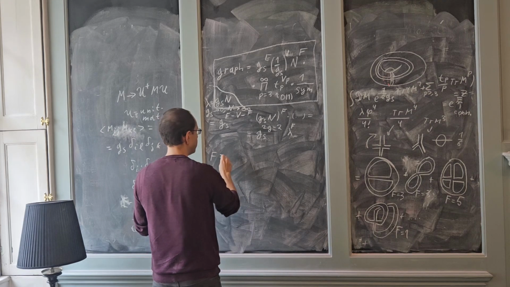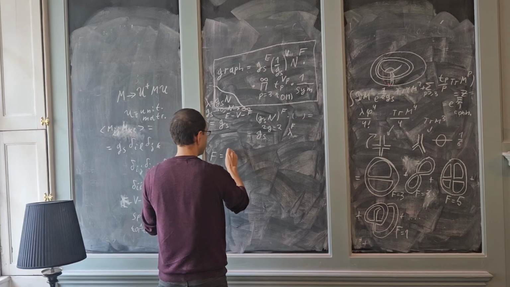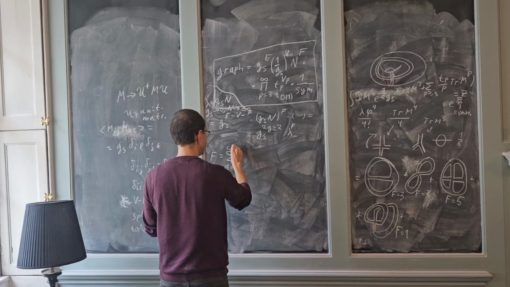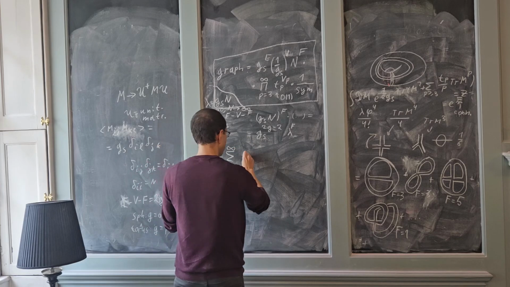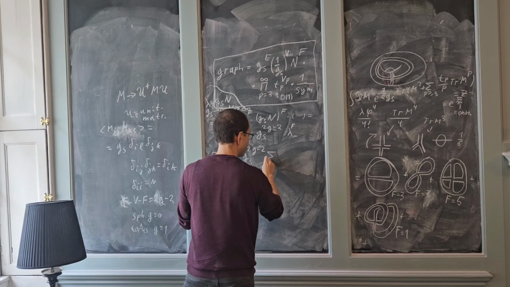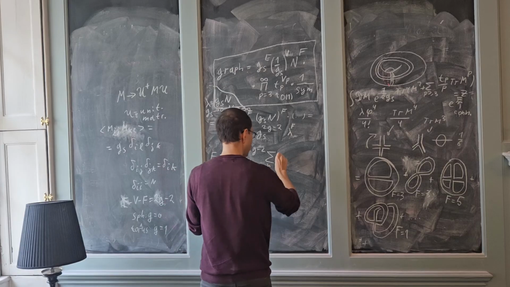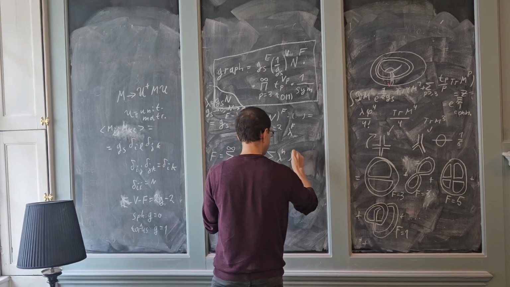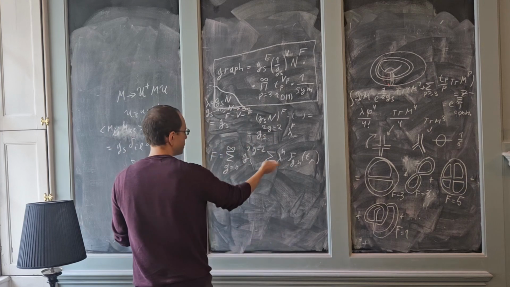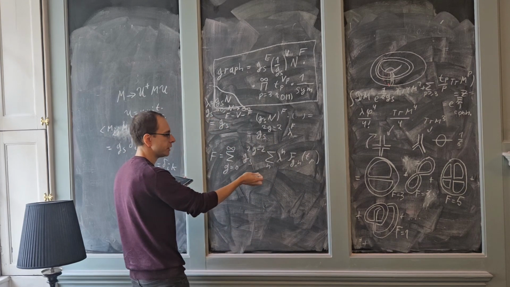So we get the sum of all diagrams. Can recast it as a sum over all genuses from 0 to infinity, and we get g_s to the power 2g minus 2, and then a sum over n of lambda to the n, and the part with fixed genus and n, depending on the couplings. This kind of expression is what's known as the genus expansion.